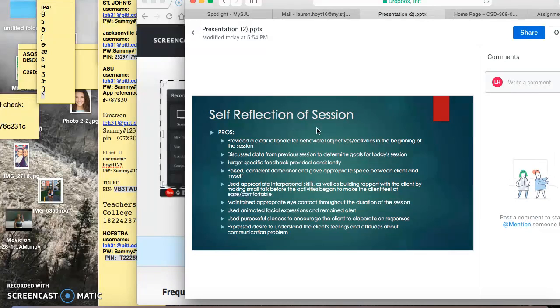I also used appropriate interpersonal skills as well as building rapport with my client and making small talk before the activities began to make sure that she felt at ease and comfortable. I also maintained appropriate eye contact throughout the duration of the session, and used purposeful silences to allow the client to elaborate on responses.